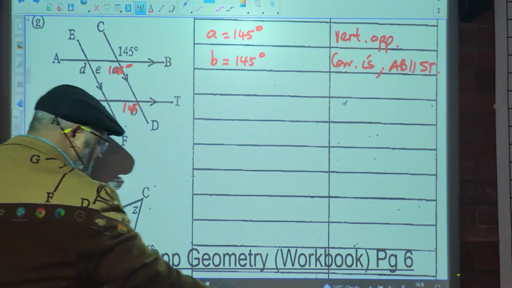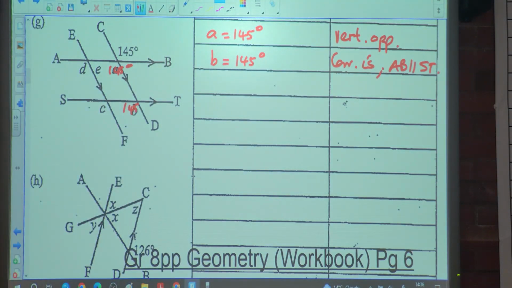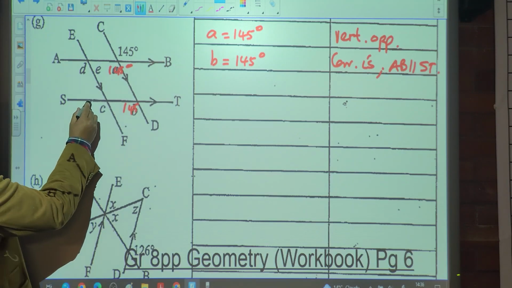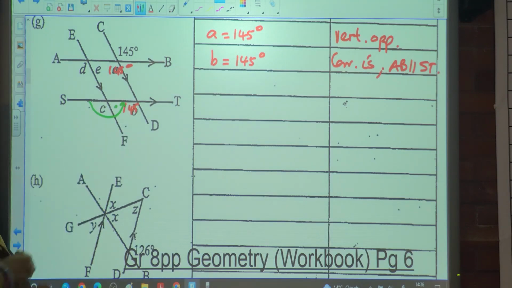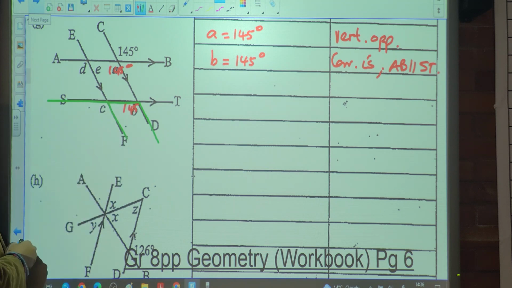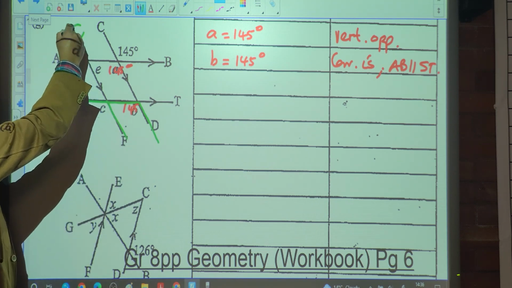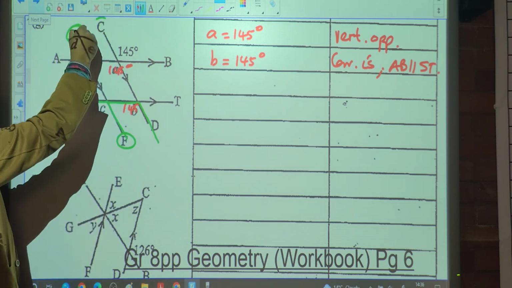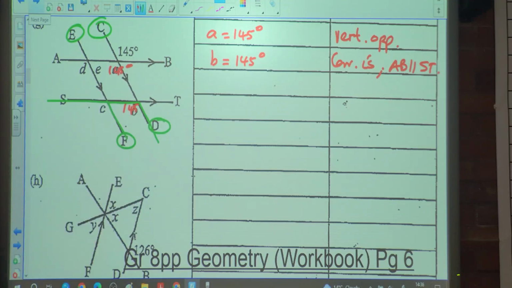And you calculate C. Angles on the straight line, says Tegan. Are you going to get the angles on the straight line with C? There's nothing here. Not angles on the straight line. Nice. How are you going to calculate C? Again, corresponding. Can you see that F is lying this way now, with EF being parallel to CD.